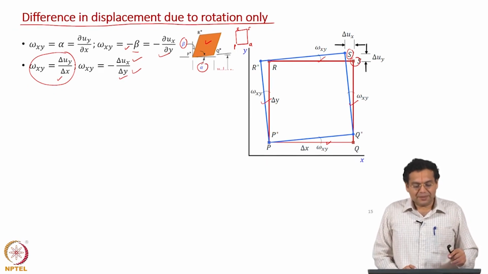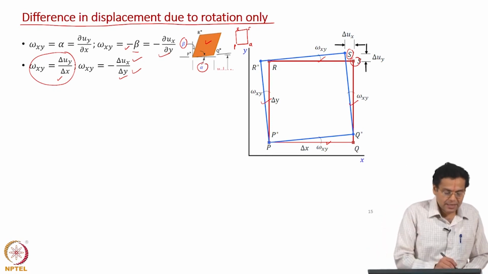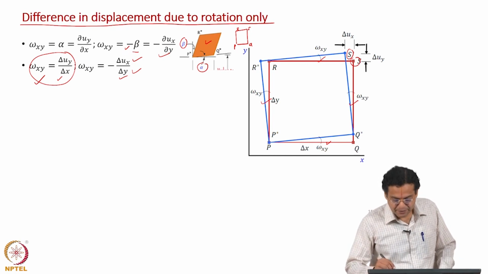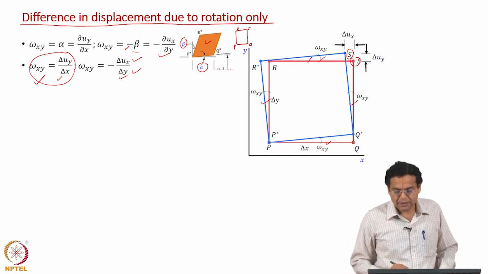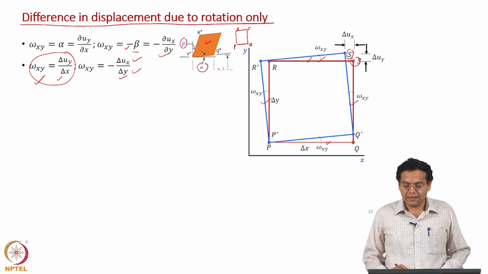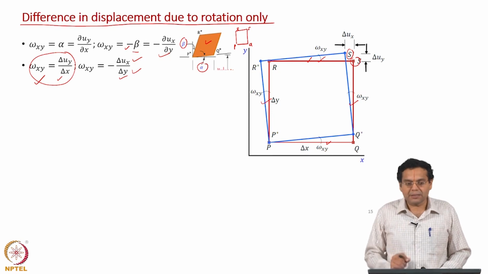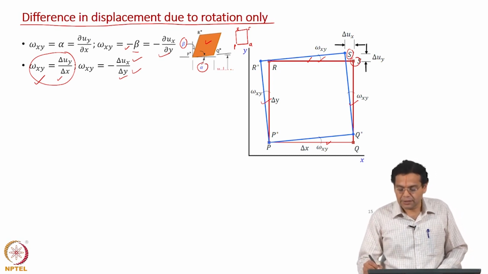Now, we will apply this first relationship for this triangle. As earlier, right now it does not look like a triangle. In the limit of omega xy very small, you can approximate that to a triangle. Okay. Now, from that triangle you can write omega xy is equal to delta uy by delta x.